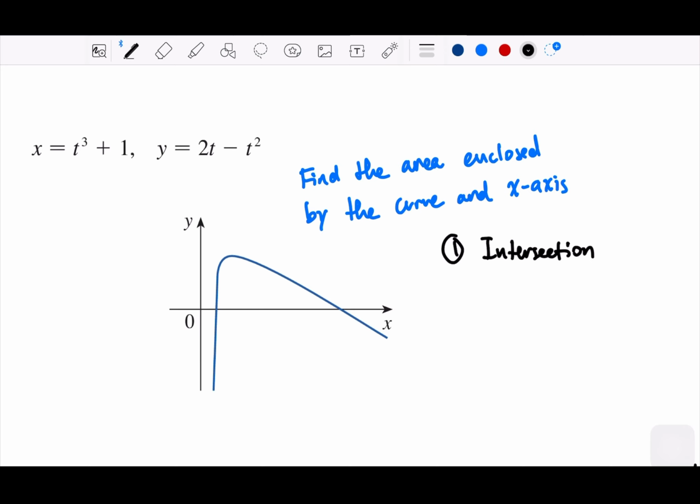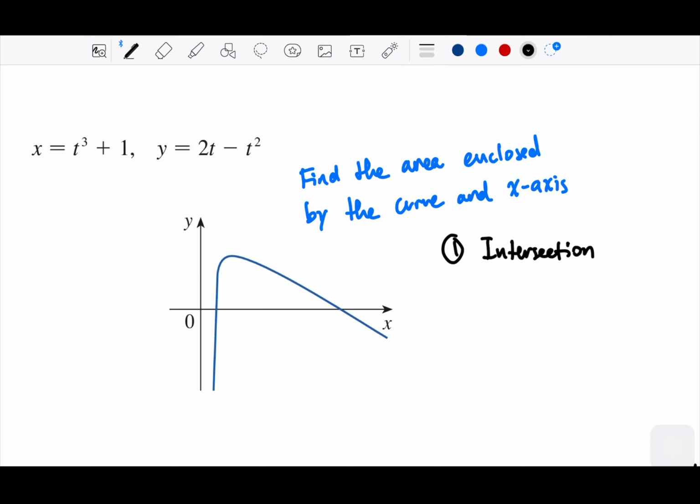This intersection is when y is 0. Imagine y is 0, we get t, and from that t, we get x. Or if you would like to directly take t and calculate it, that's also fine.